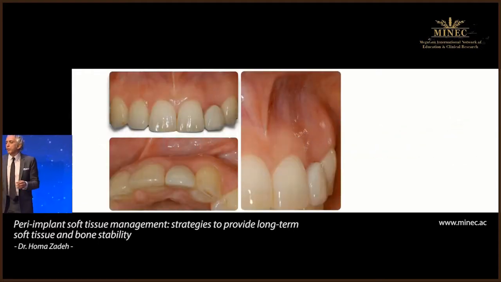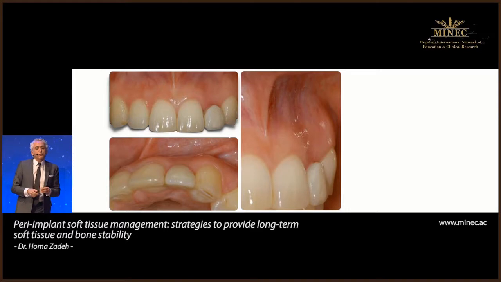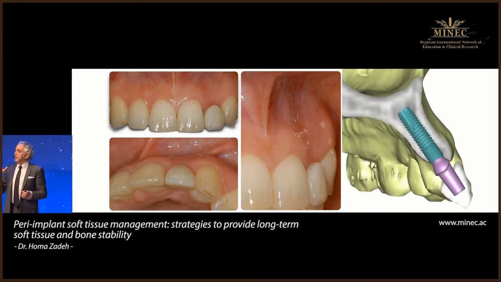We can also use the Vista technique for soft tissue augmentation. That's not just necessarily only for mucosal thickening, but to improve the contour for aesthetics. This is a patient who had a congenitally missing lateral incisor, and the bone was adequate, but she had a concavity.